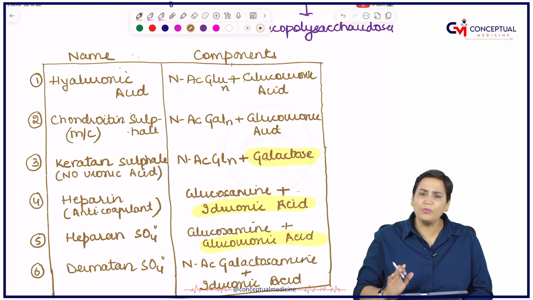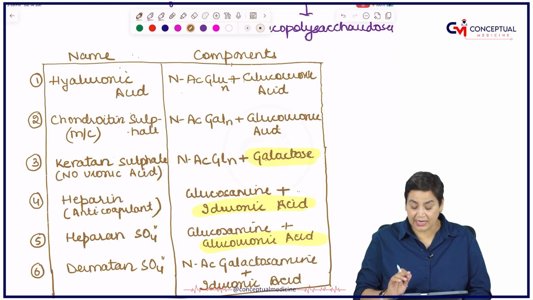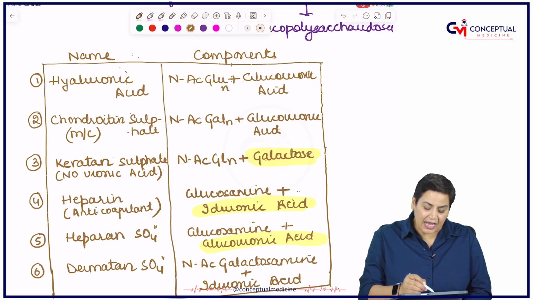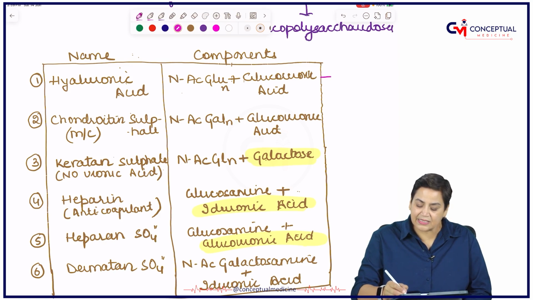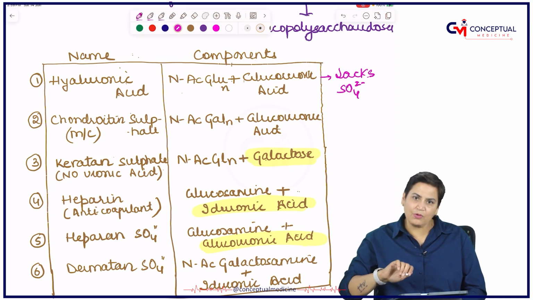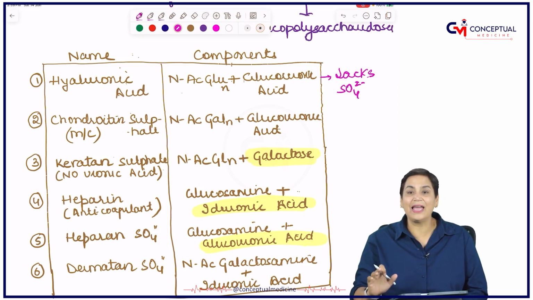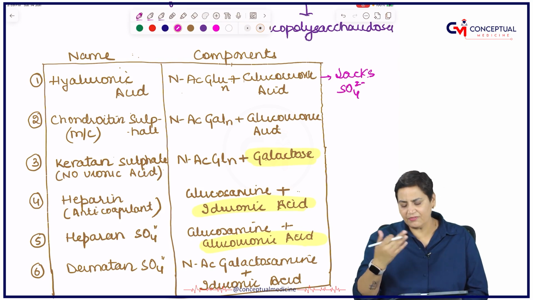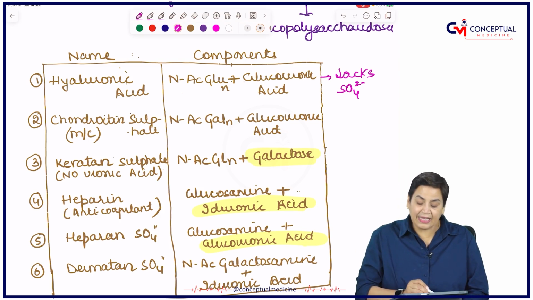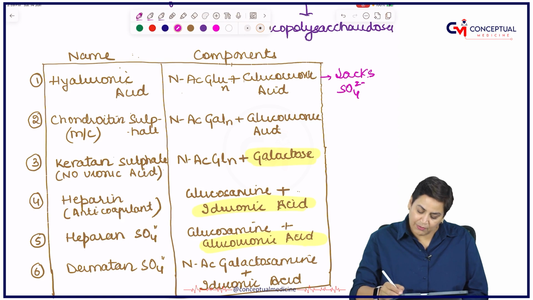So, there are numerous roles of hyaluronic acid. But the most important point to remember is that hyaluronic acid lacks sulfate. This is the only mucopolysaccharide which does not have sulfate in it. Sulfate means charge. Similarly, keratan sulfate is the only mucopolysaccharide which lacks uronic acid.